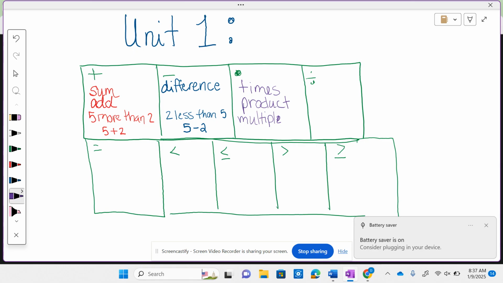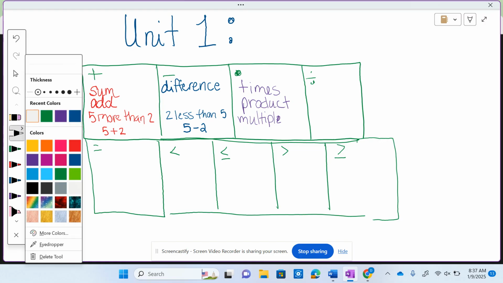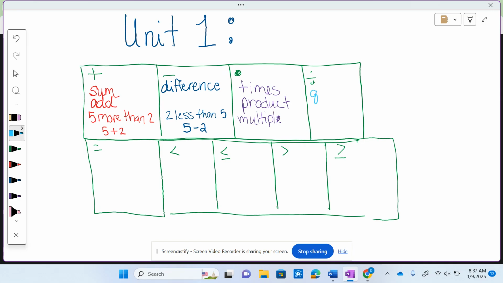What about words that mean divide? What are some division words? I think the most popular one is quotient. I mean, we know divided by, but quotient is the one that you're like, what is that really asking me to do?